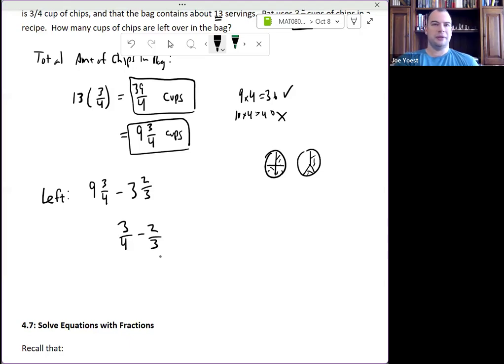So thinking of the pictures, okay, yeah, 3/4 is bigger than 2/3, but we might not know this right away. But we just proceed forward then. If we don't know that the first is less than the second, then we proceed forward as though it's going to work out. And if something breaks along the way, we'll come back and fix that later.